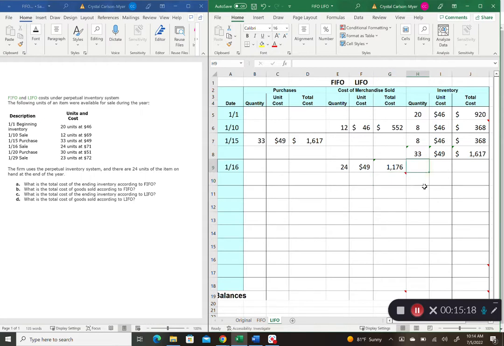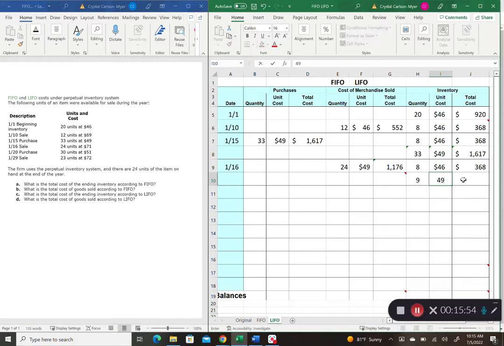So when I go to calculate my ending inventory, I still have all of these $46 units. So I have all of the 8 units that cost me $46, because again, it's last in, first out, for a total cost of $368. Now when I go to calculate my $49 units, I've already sold some of these. So take your 33 that you started with, subtract out the units that you sold, and I still have 9 units remaining out of these $49 units.